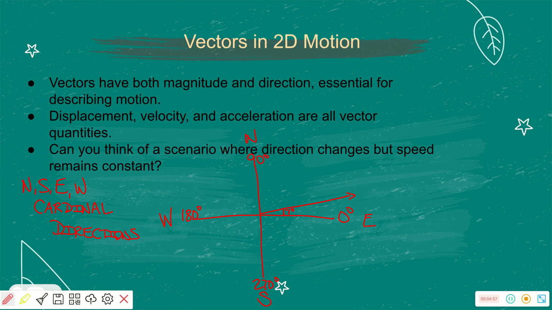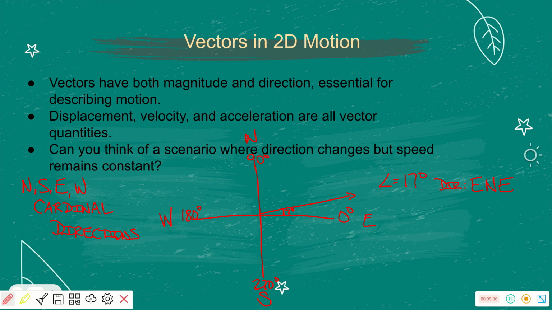So how would you write that as a direction? The angle is 17 degrees. And what's the direction? It's east northeast.